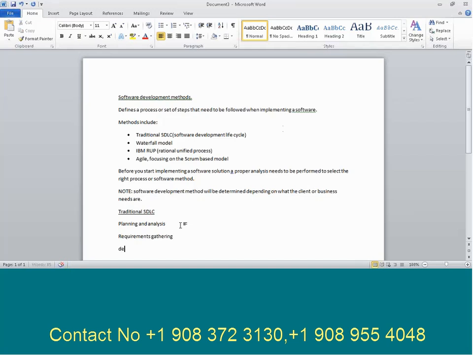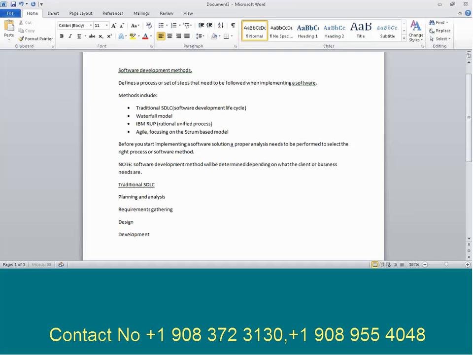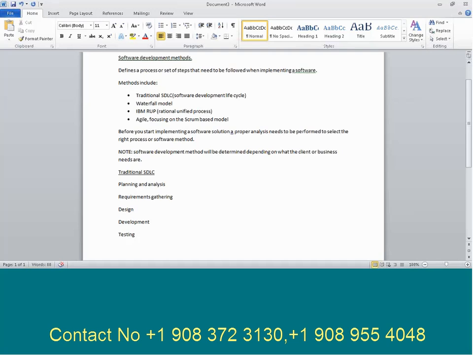Then the design. Development. Testing. Go live, followed by production support. Support, or you can call it maintenance.